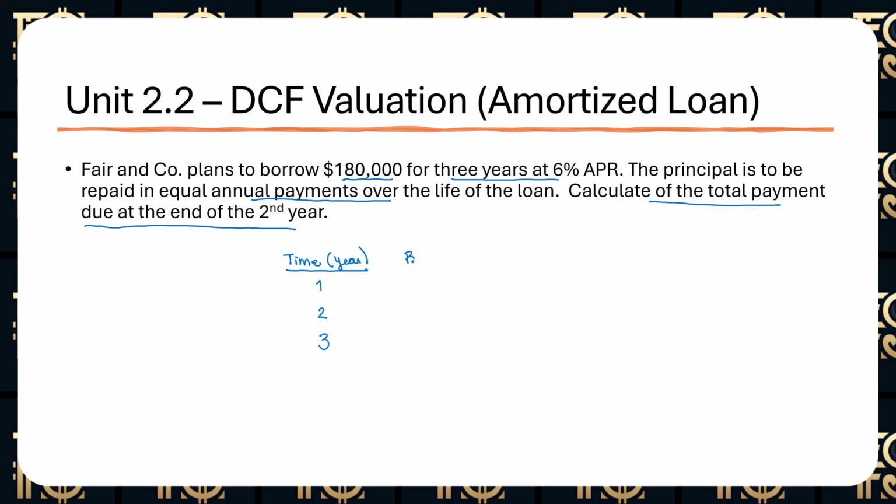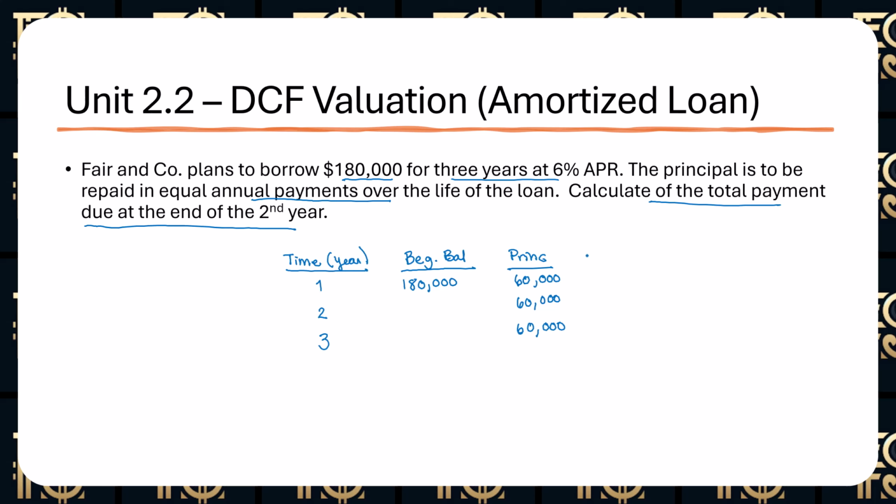We're going to have the beginning balance. So at the beginning of year 1, what is the balance of his loan? Well, the beginning balance at the beginning of year 1 is the loan itself. We're going to make equal principal reduction payments. So at the end of the first year, when this company makes its first payment, they're going to pay $60,000 towards the principal, but they're going to do that in every single period.